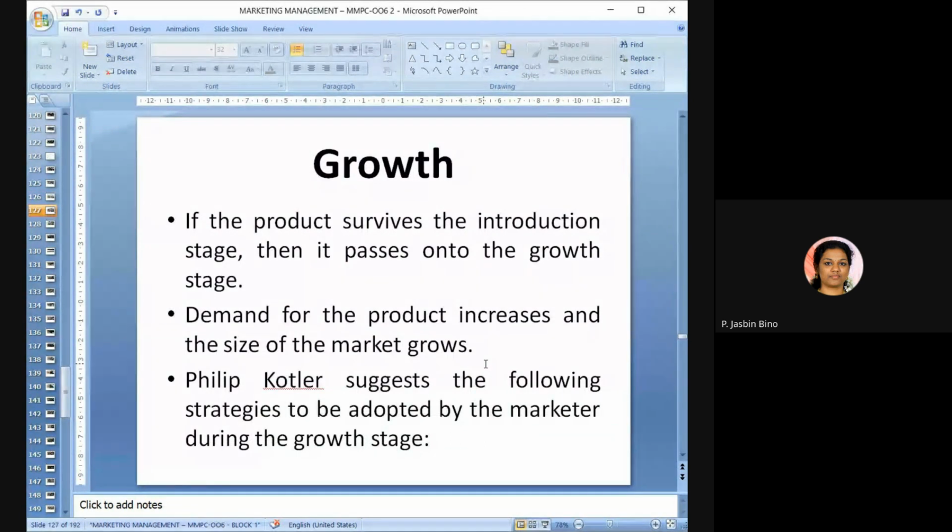So the next phase is the growth phase, the second stage. If the product survives the introduction phase, then it passes to the next phase, that is the growth phase. In the growth phase, normally the demand for the product increases and the size of the market also grows. So Philip Kotler has suggested some strategies for the marketer during the growth phase.